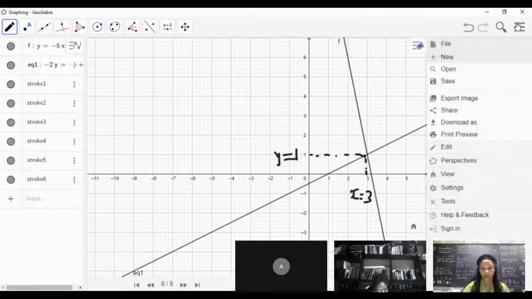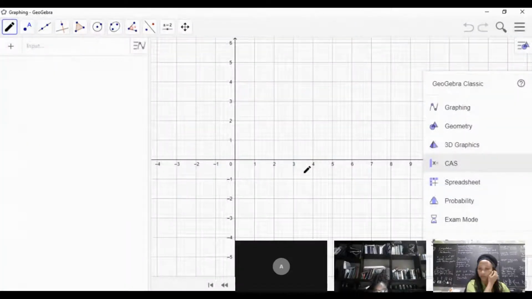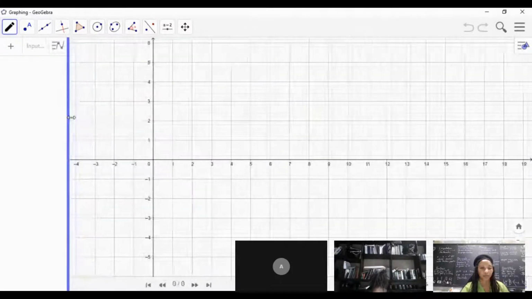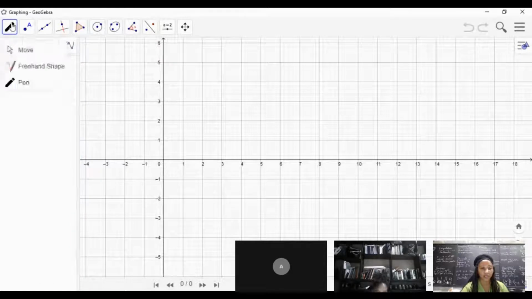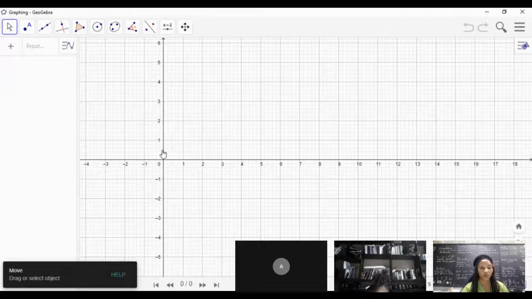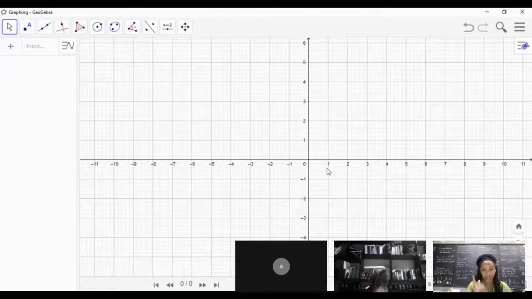I'm going to give you two more equations, but here's what I want you to do first, guys. Because I know we have done solving simultaneous equations. We have done it the matrix method. We have done it the algebraic method.